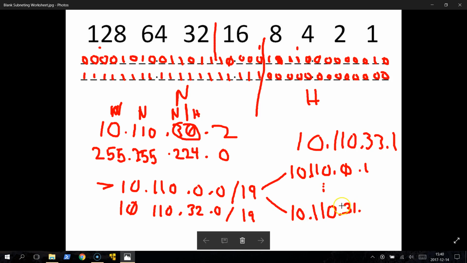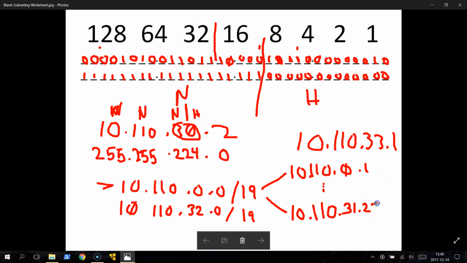So 31.255 would be the very end of it, but that would be my broadcast, because if we do the math for 31, guess what? When I draw 31 out, you turn 16 on, you turn 8 on, you turn 4 on, you turn 2 on, and turn 1 on. That gives you 31. So all these are on. And then 255, all these would be on. They're all 1, so they'd be my broadcast.